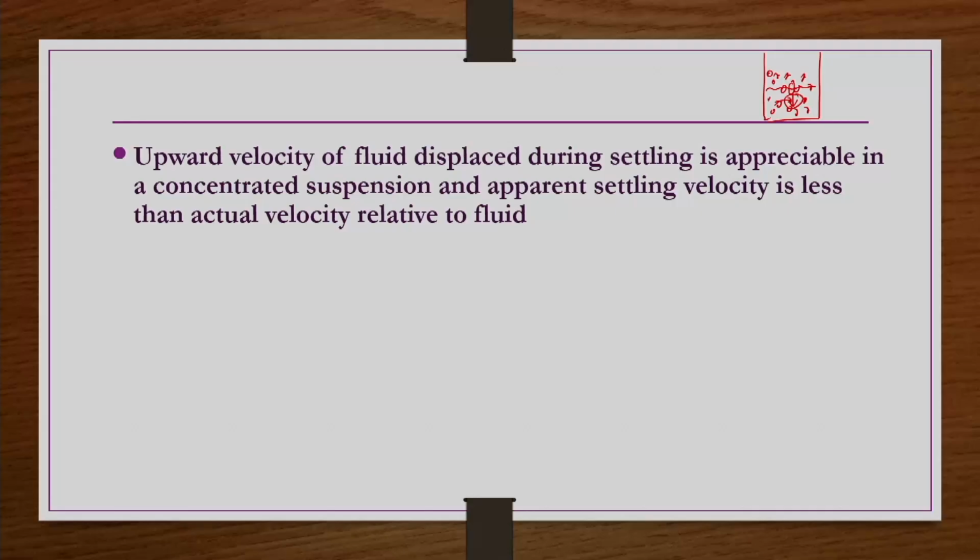Obviously, when a particle is settling, whatever fluid was there underneath, in the region it moves into, would be moving up. When particles are settling in a fluid, there is an upward motion of the fluid, as we have already seen in the hindered settling case.